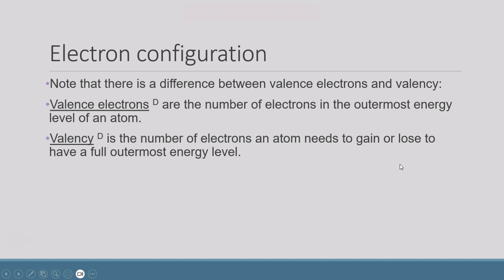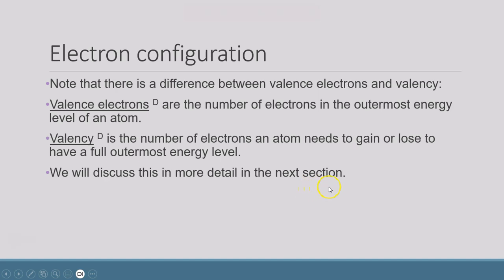Now, these are very important definitions and very important concepts that we're going to take forward with us when we learn about chemical bonding. But in the meantime, we need to know these definitions, and it will certainly make more sense once we have discussed the next section on the periodic table in more detail.